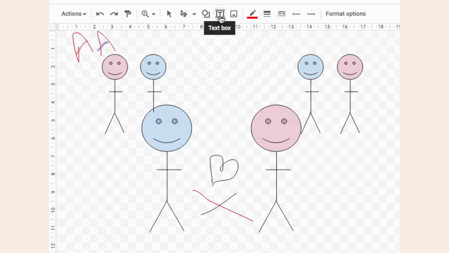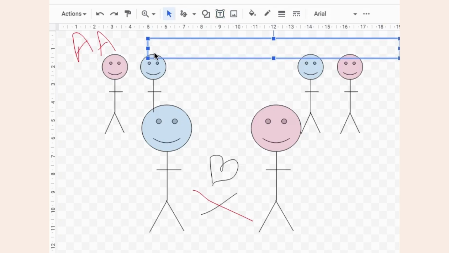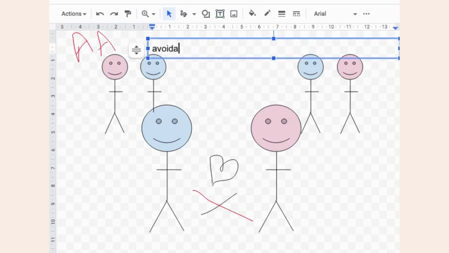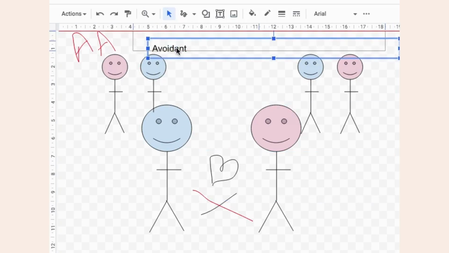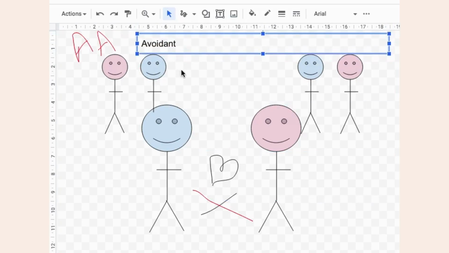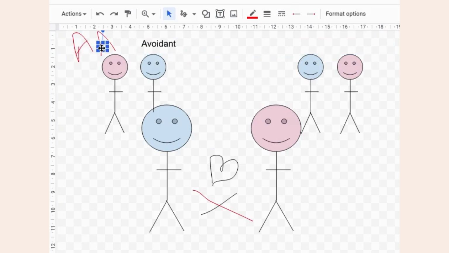And dad over here is an avoidant attachment style. An anxious attachment and an avoidant attachment style means that dad avoids confrontation, he avoids connection as a result of anxiety, and mum is anxious over it. So she worries about being abandoned, she's fearful of dad going out the house, she's fearful of not being loved.